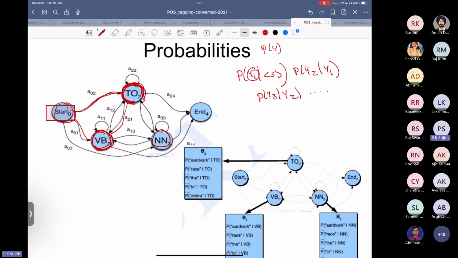From this you may either move to a noun state or a verb state, and that forms your third state. And from there you may again move to the 'to' state or the noun state, etc. Each of these different labels corresponds to some state.